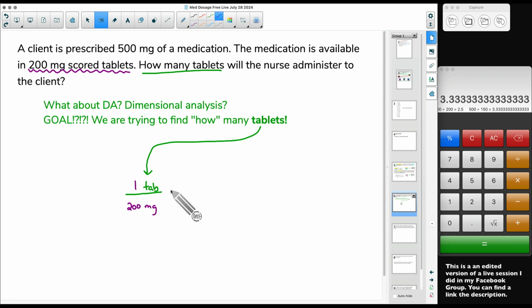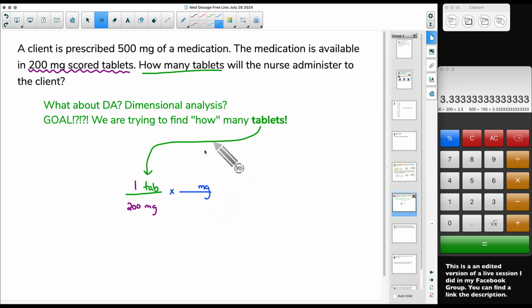We need to get rid of one of these words. And this is how dimensional analysis works. And we're going to see two long ones tonight. But to get rid of milligrams, that's the one we want to get rid of. We don't want to get rid of tablets, y'all. That's what the question's asking. How many tablets? Keep that word. So therefore, we want to get rid of milligrams, and I'm going to throw this at the top.